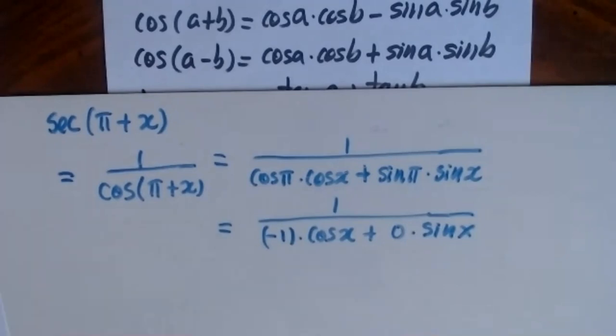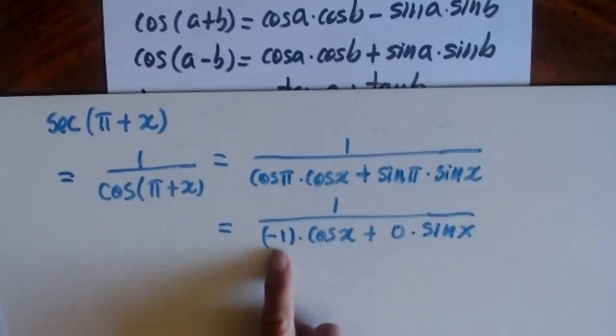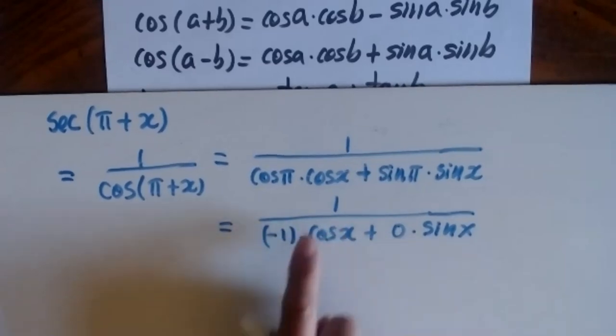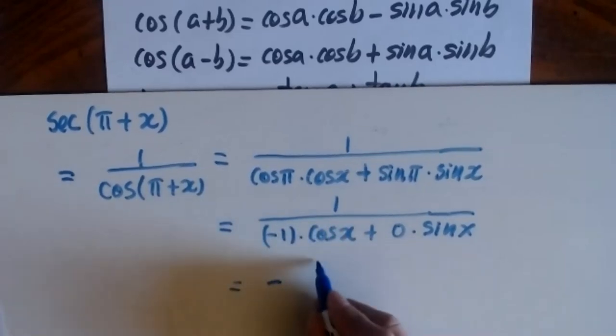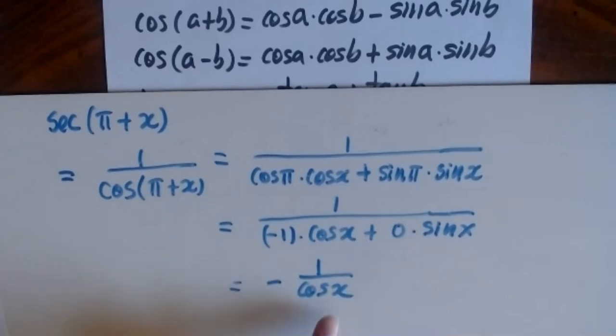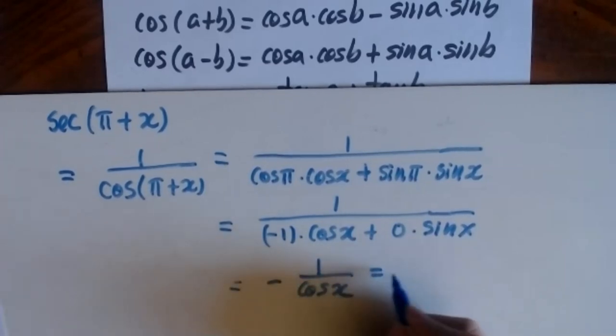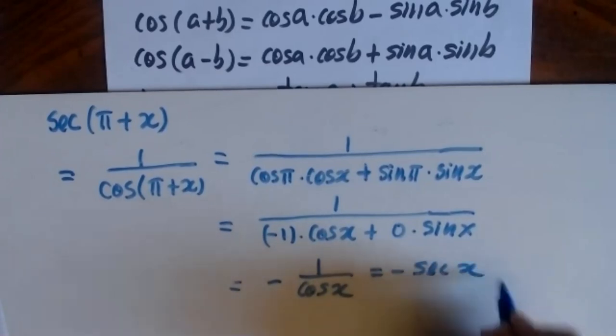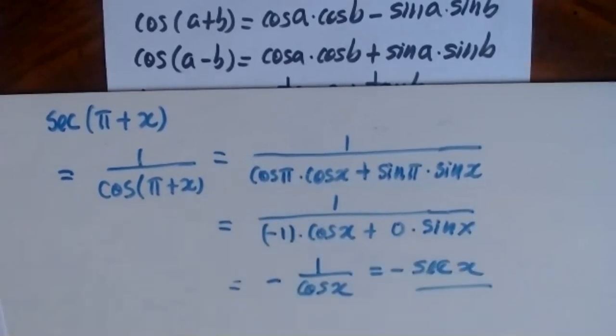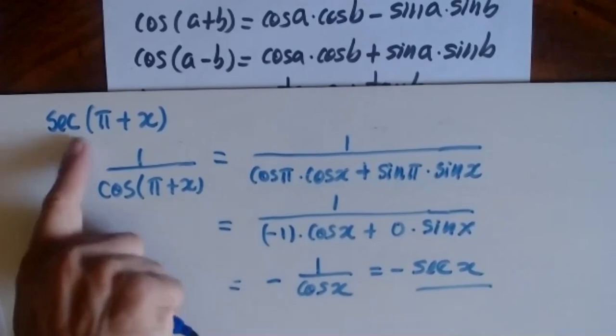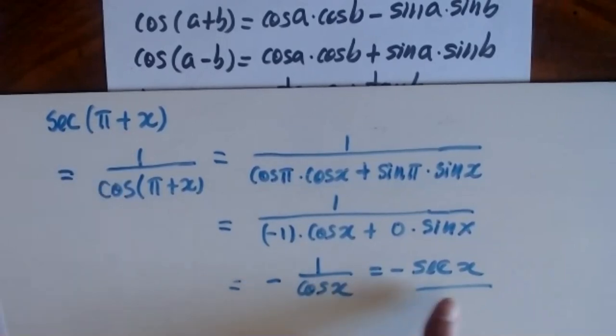So 0 times sine x is 0, and this is going to be negative 1 over cosine x, correct? And 1 over cosine x is what? Negative secant x. So this is my reduction: secant of pi plus x is negative secant x, after all this long operation with identities.